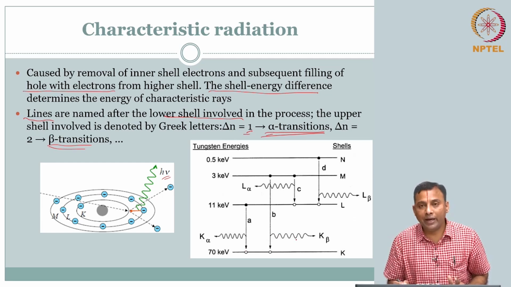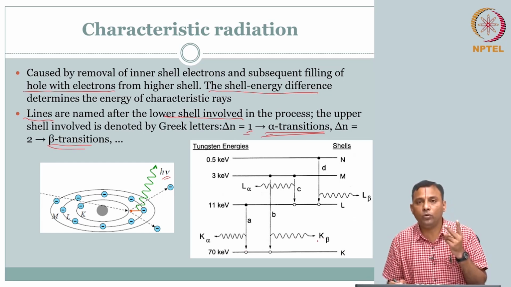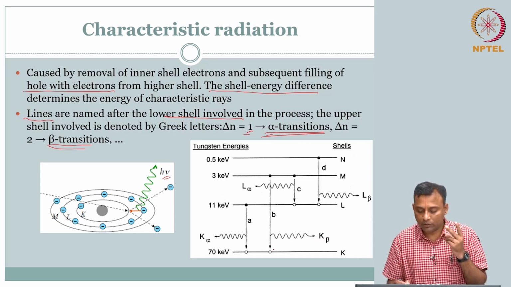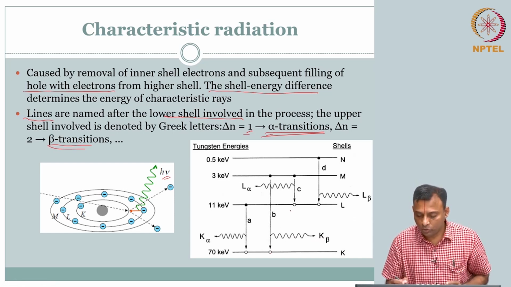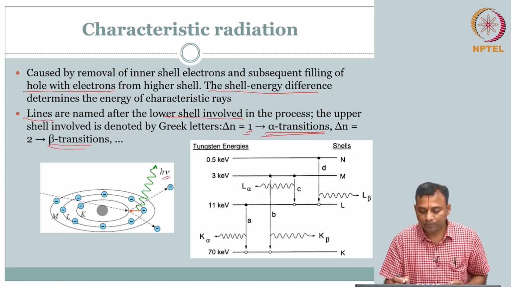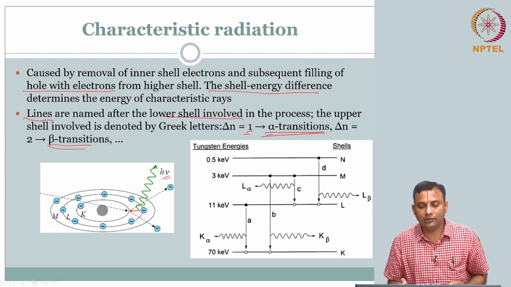If you are doing K beta, that means delta n is 2, so the lower is K and beta is 2. That means this would have come from 2 levels up, an M to K transition.